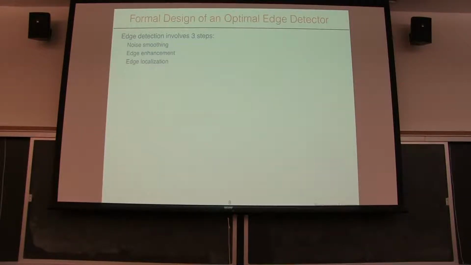And then you want to have good localization. You want the edge to be found where it's actually happening and not shifted to the right or to the left. So he wanted to address these 3 things. He did it by formalizing a problem where he had a theoretical model of what an ideal edge was, how that edge was corrupted by noise, and how to get good properties in terms of detection and localization.